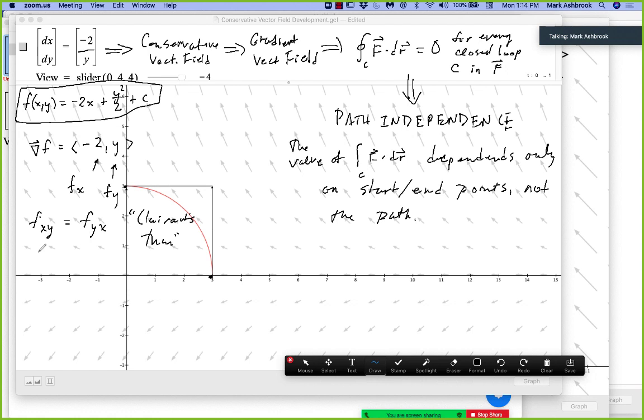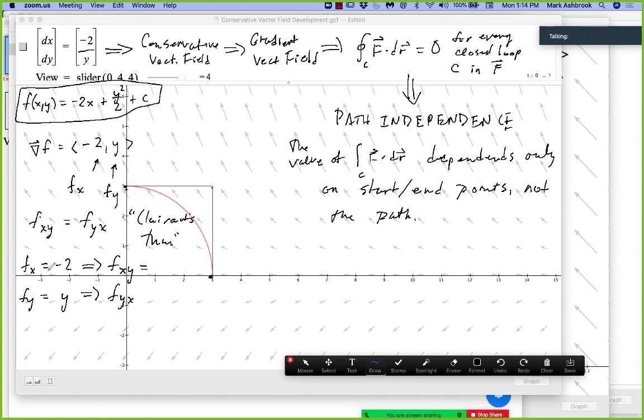So we can use this to verify if we have a gradient field or not without trying to find the potential function. We can come here and say, okay, if -2 was fx, then what would fxy be? And if y was fy, what would fyx be?